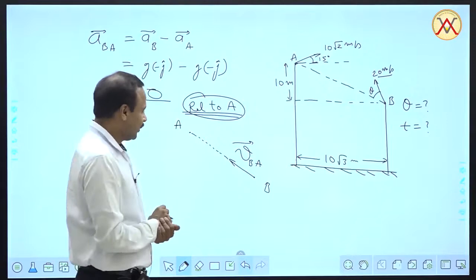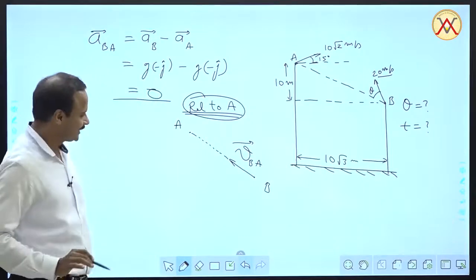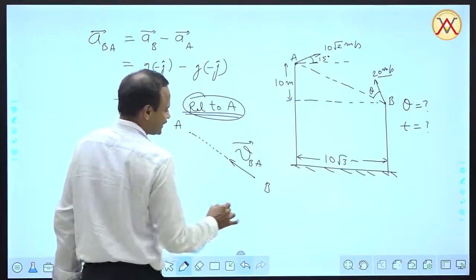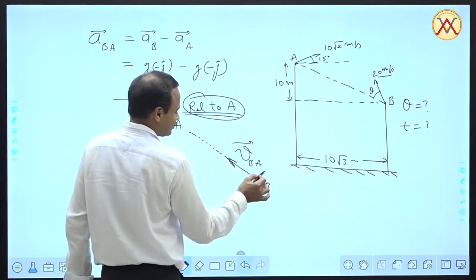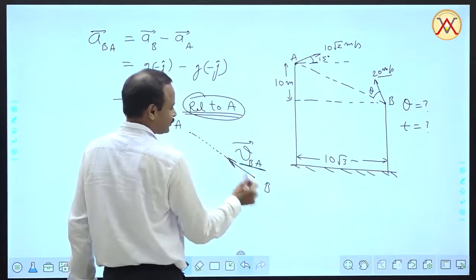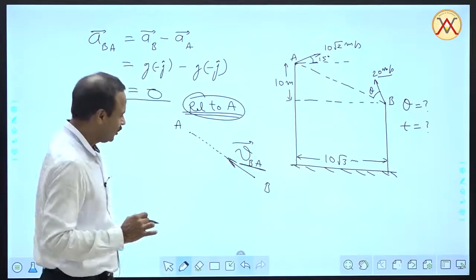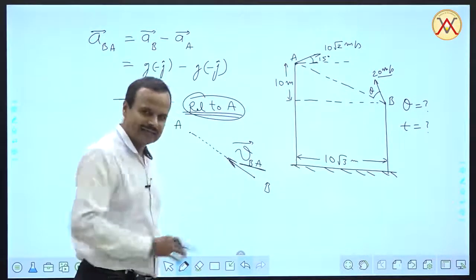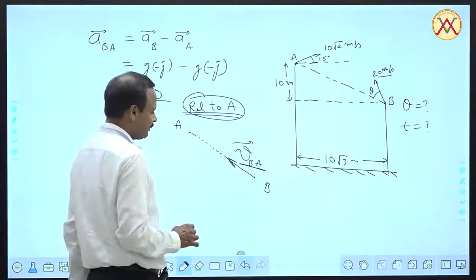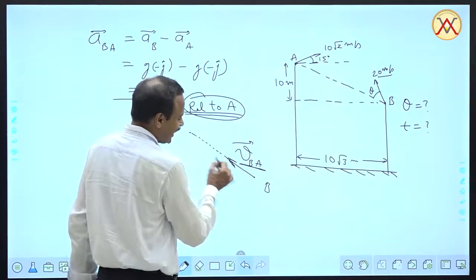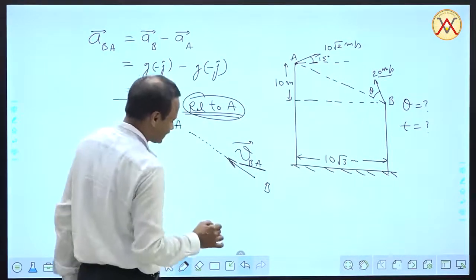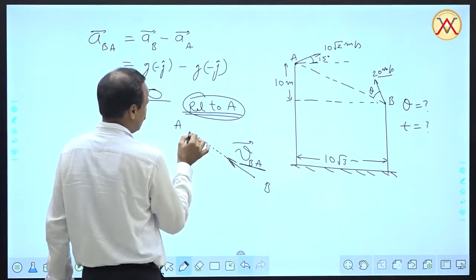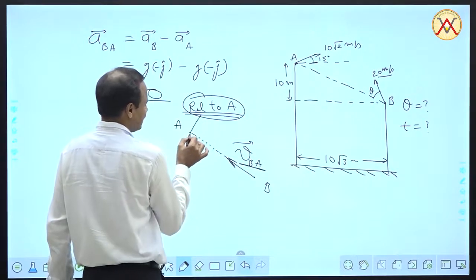After doing all this analysis, now it is very simple. What we have to do is ensure that this VBA vector has this particular direction. So I am taking a slightly different axis here. Let me take my axis along this line and perpendicular to this line. I am taking my axis starting from A, which I am taking as origin.